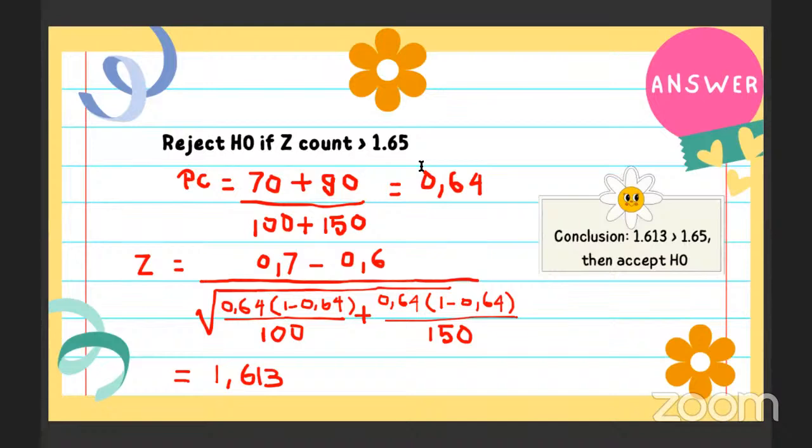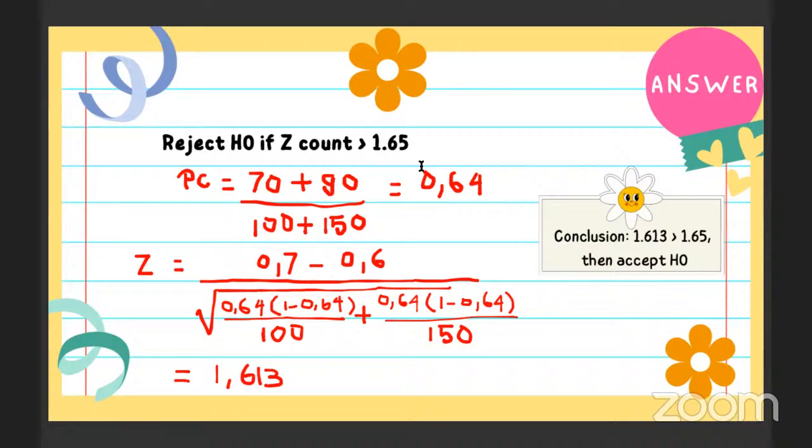So PC is 70 plus 90, divided by 100 plus 150, which is 0.64. And Z equals 0.7 minus 0.6, divided by the square root of 0.64 times 1 minus 0.64 divided by 100, plus 0.64 times 1 minus 0.64 divided by 150.